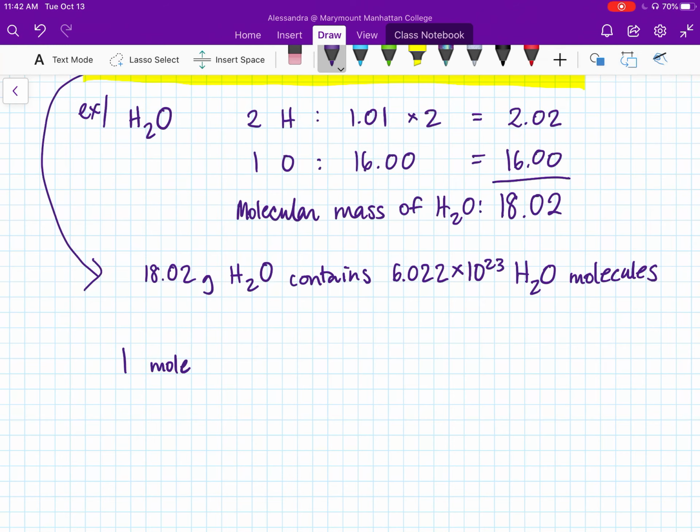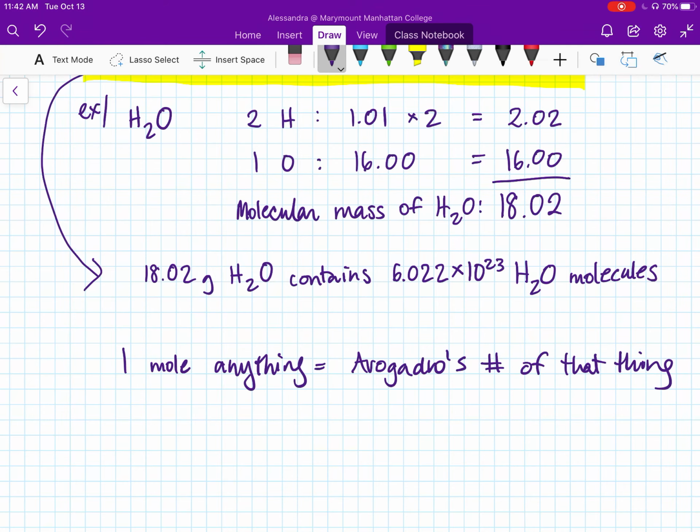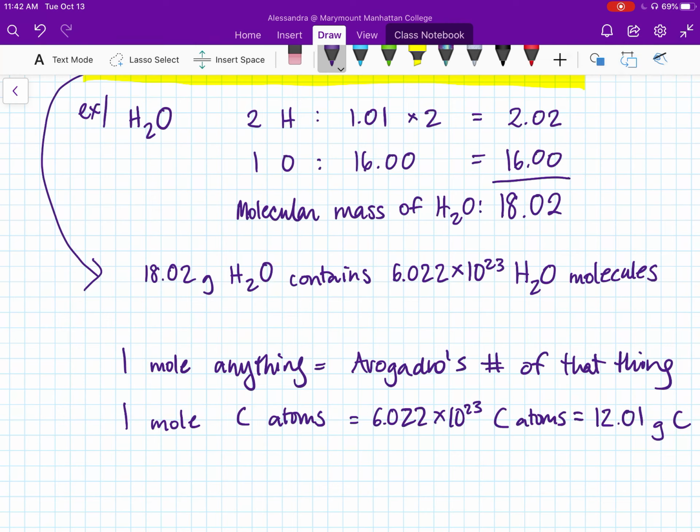We had said before that 1 mole of anything is equal to Avogadro's number of that thing, 6.02 times 10 to the 23rd of whatever that thing is. It could be anything: atoms, molecules, people, pencils, it doesn't matter. Also, we said that 1 mole of carbon atoms is equal to 6.022 times 10 to the 23 carbon atoms, and that's also the number of atoms in 12.01 grams of carbon.